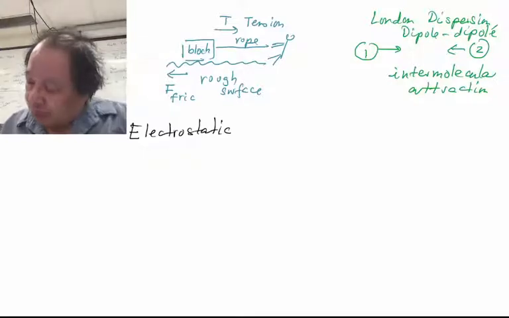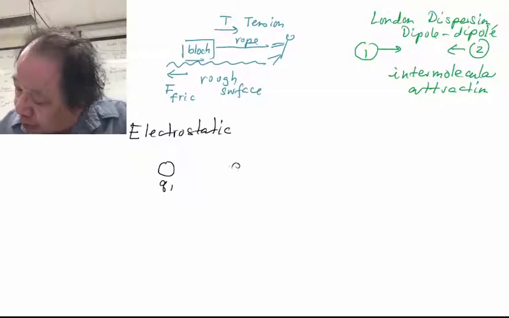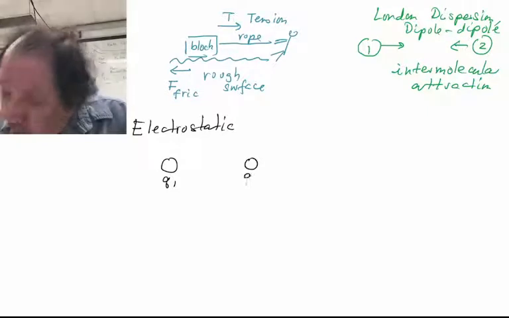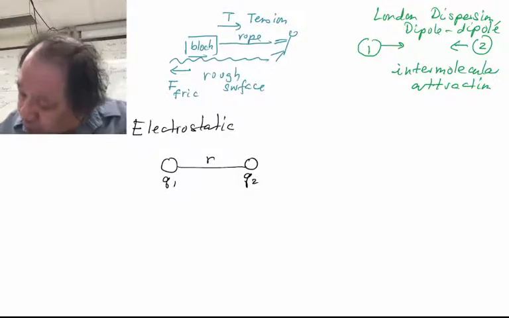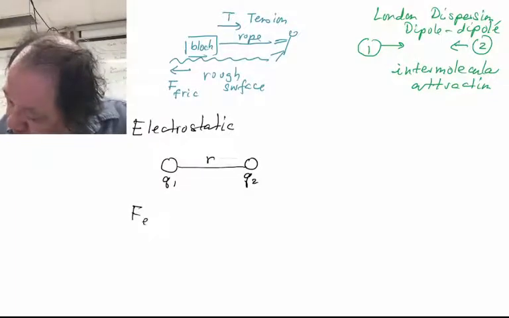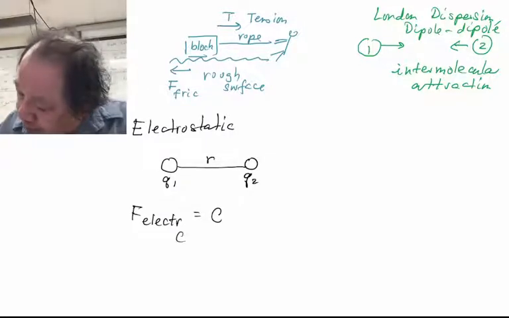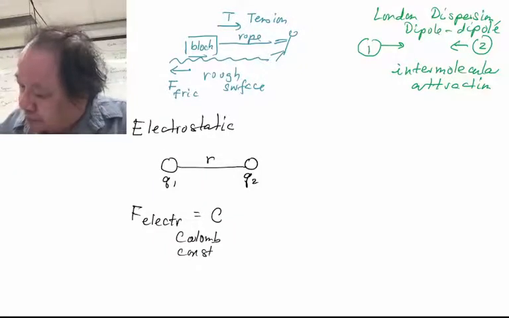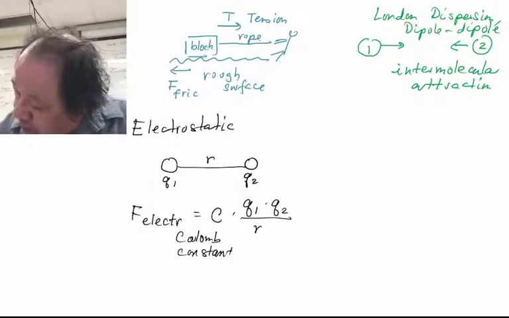So an electrostatic force, if you've got two charged bodies, Q1 and Q2, and they are a distance r apart, then the electrostatic force is equal to Coulomb's constant, C, times the one charge times the second charge divided by the distance between them squared.